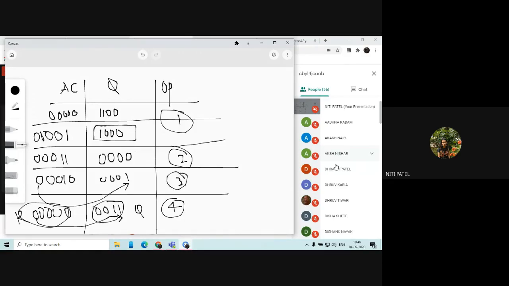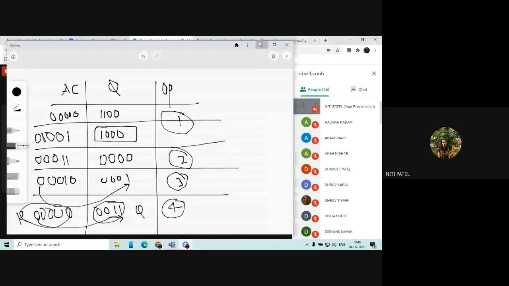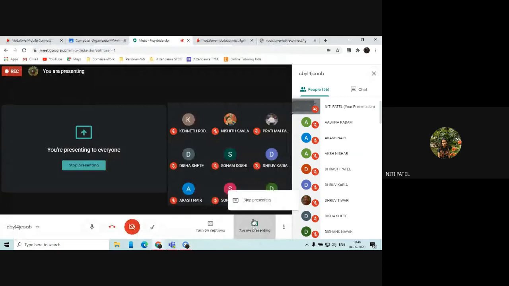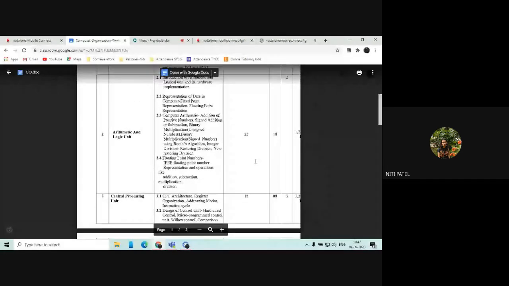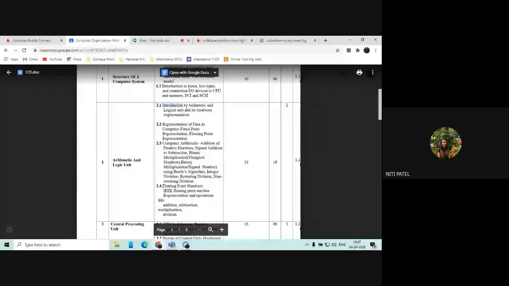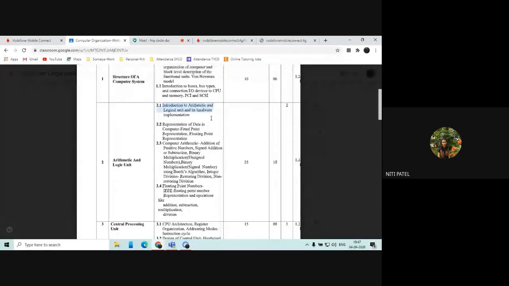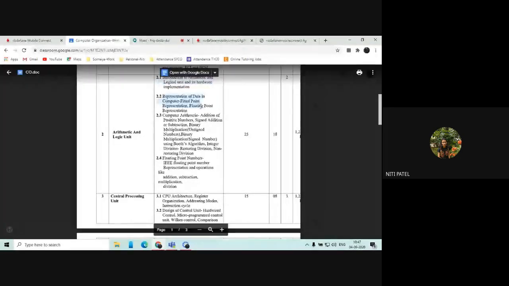Now in the next lecture we will do non-restoring division technique, and we'll solve the 2 sums which I give you as a homework. Now if you see the syllabus, open your syllabus. In the second chapter, we have completed Introduction to Arithmetic and Logic unit. We have completed representation of fixed point and floating point.